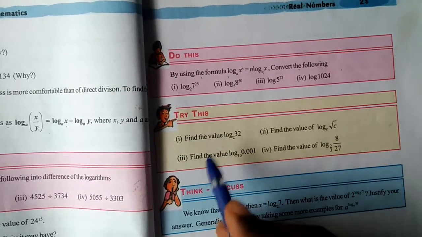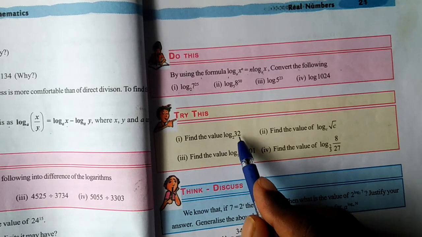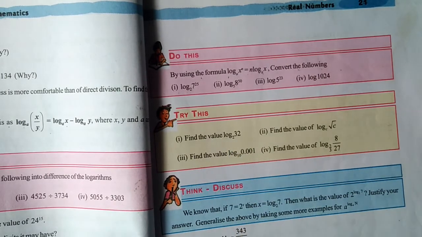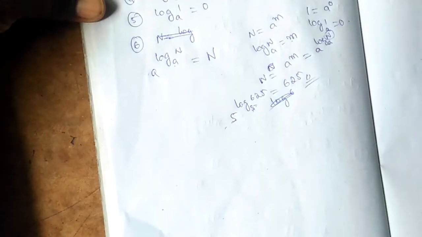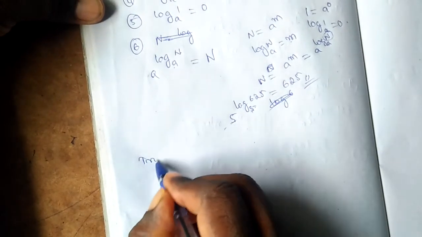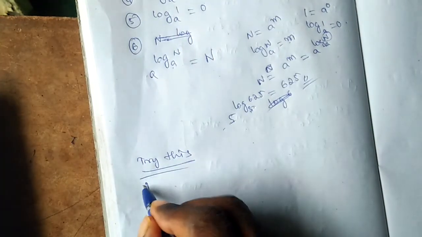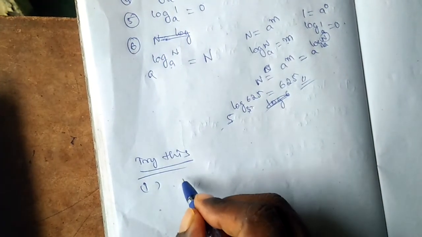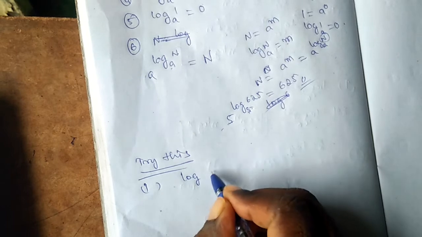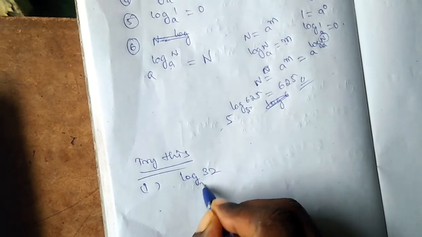Try this. First problem: find the value of log 32 base 2.